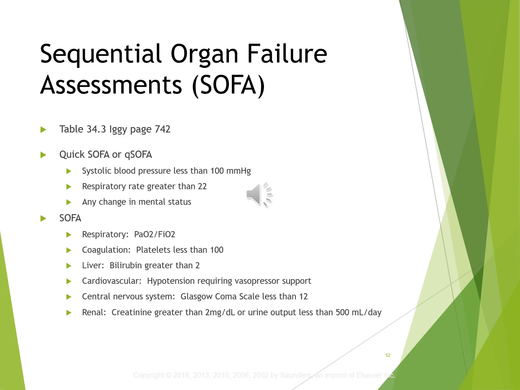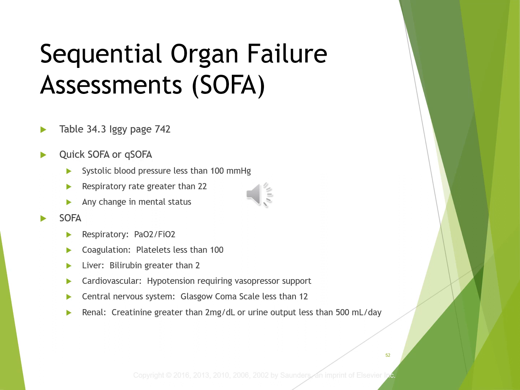We're going to talk a little bit about some of the assessment tools used for sepsis. The sequential organ failure assessment, or SOFA, was something that was devised by a task force that was developed to help with recognition and to create a tool that can be utilized by nurses. So you have quick SOFA, or this qSOFA, which you can see down below.